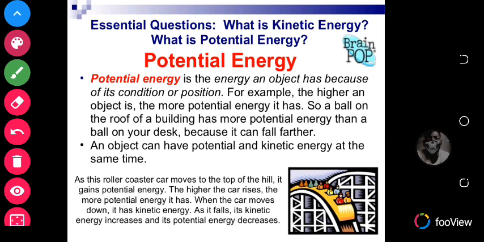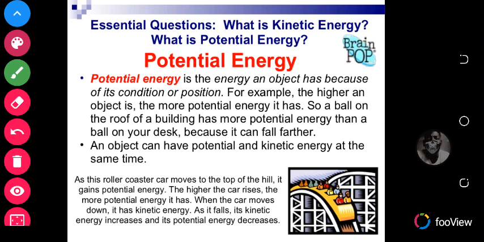An object can have potential and kinetic energy at the same time. Potential energy simply is the energy an object has by virtue of its position, where it is. When the ball is on top of the roof, it has the ability to do more because it's on top of the roof.